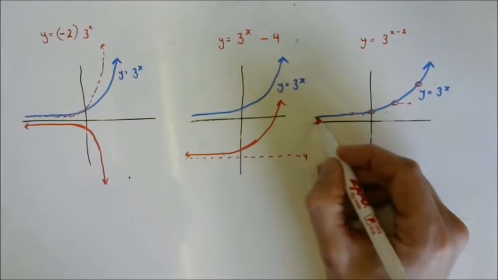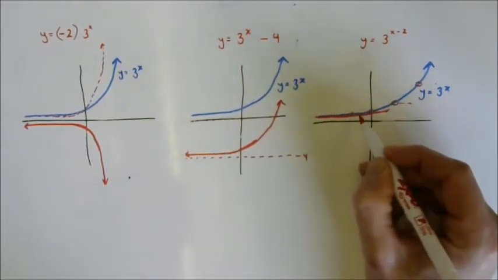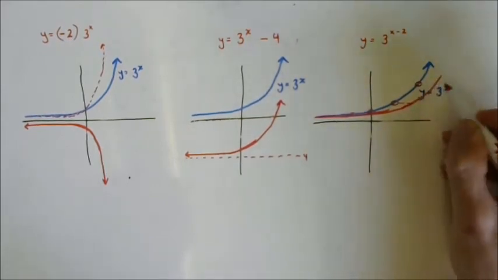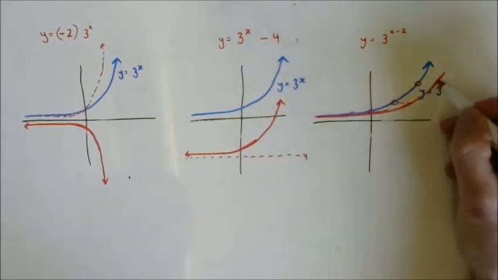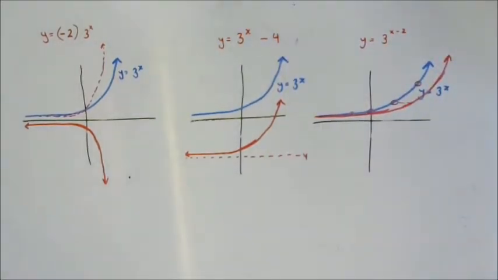And then I'm going to draw my nice smooth curve through those points. It's going to be the exact same shape. It's just curling up 2 units later. Okay, brief introduction to transformations of exponential functions.